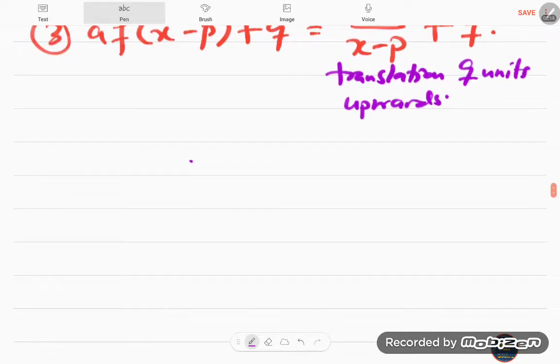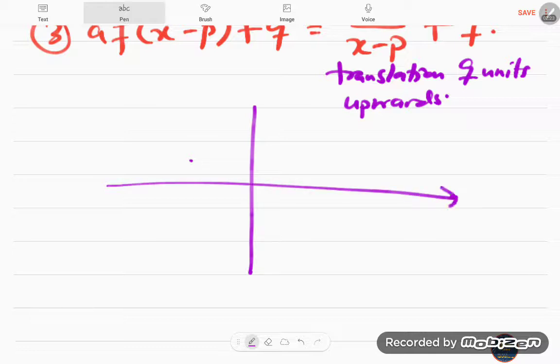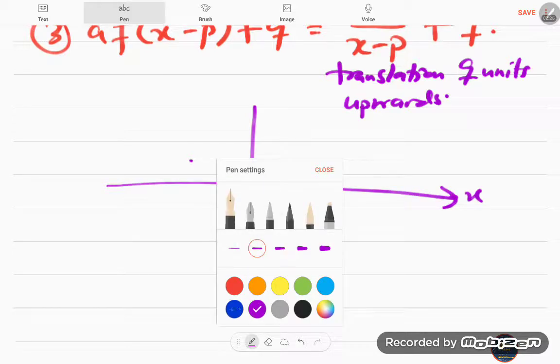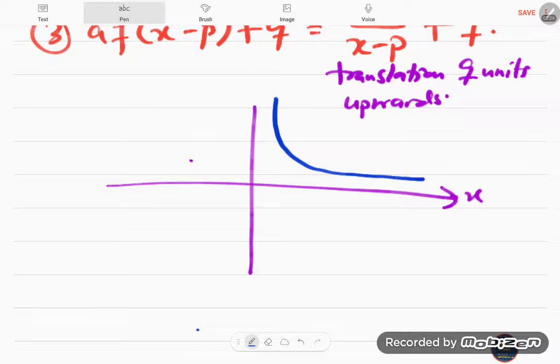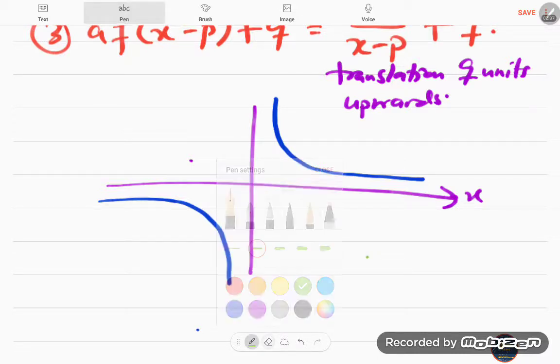And we stated that there are many ways we could do this, but for me, the most efficient method has been to look at what happens to the points of asymptotes. So our basic graph is going to be like that.